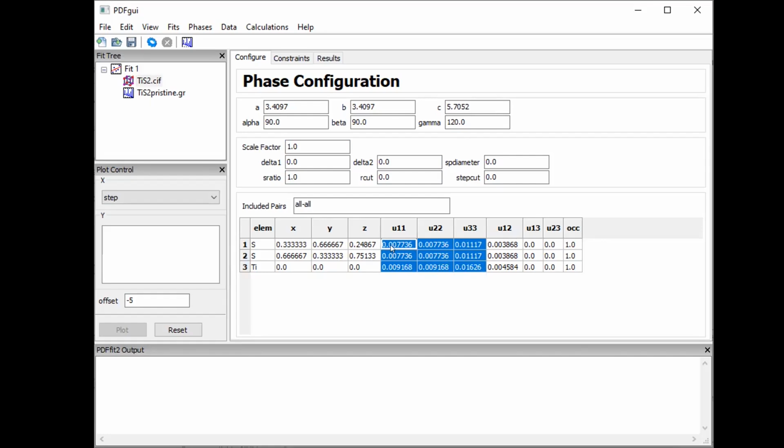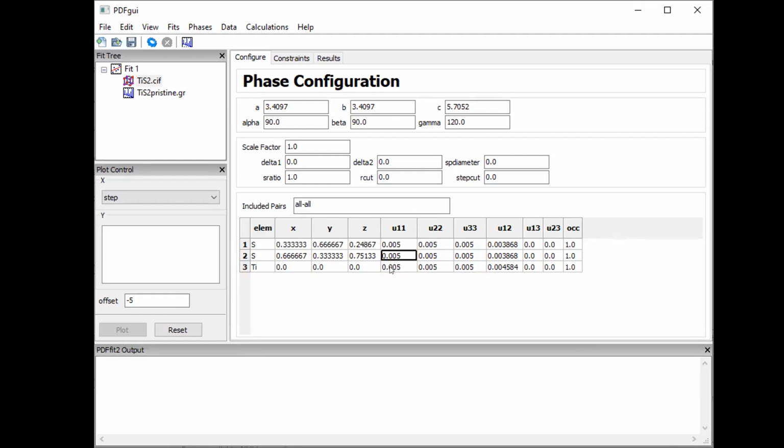Because they have some values, you typically see the PDF peaks have some kind of width. Once they are the same, the disorder term is termed the isotropic atomic displacement, and that's what we usually do, right, for this kind of simple structure.